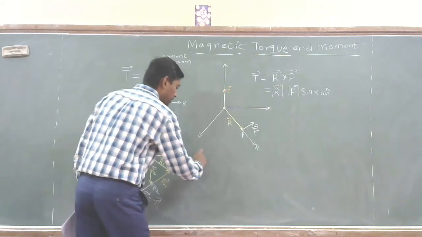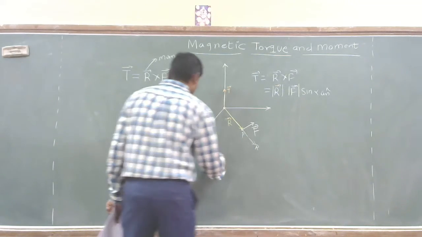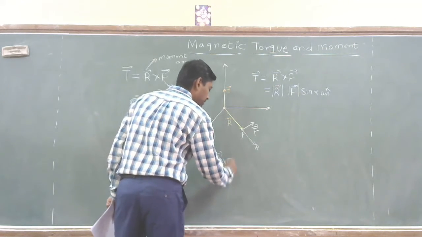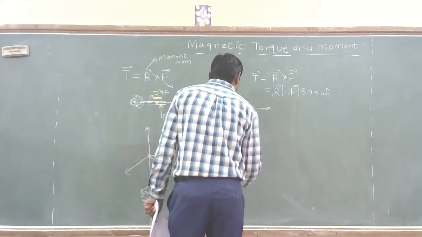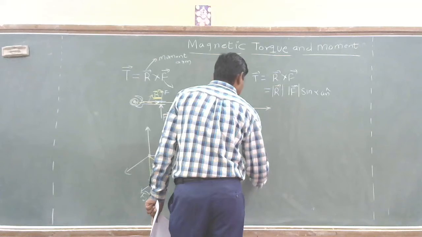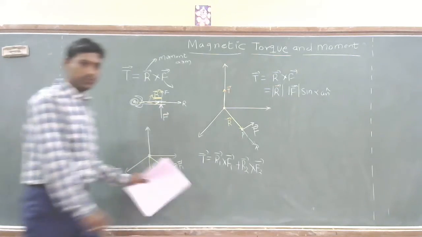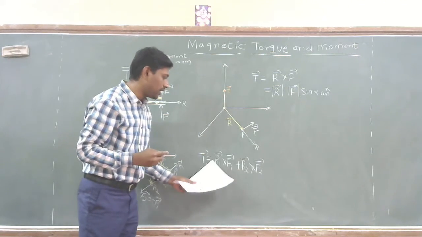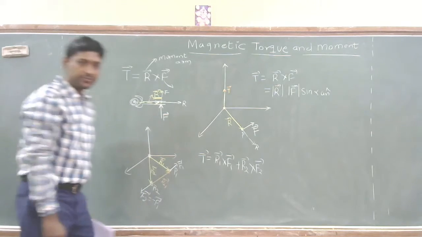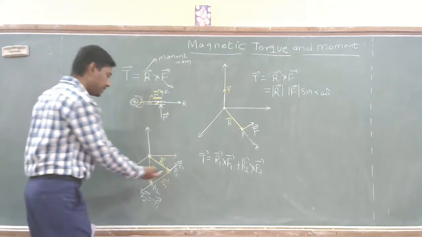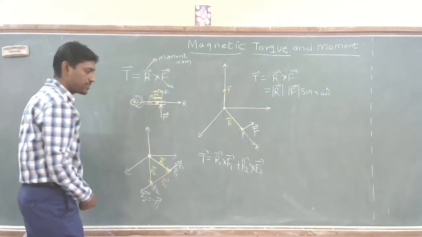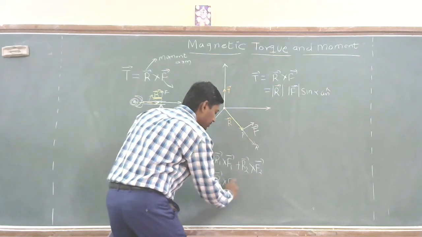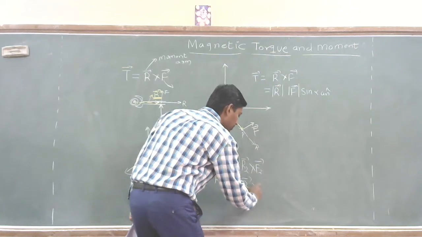Now the total torque I can define as r1 cross F1 plus r2 cross F2. So you have two forces, and I calculate the individual contribution of each torque, r1 cross F1 plus r2 cross F2. Since F2 equals minus F1, I can plug that in, so it is r1 cross F1 minus r2 cross F1.